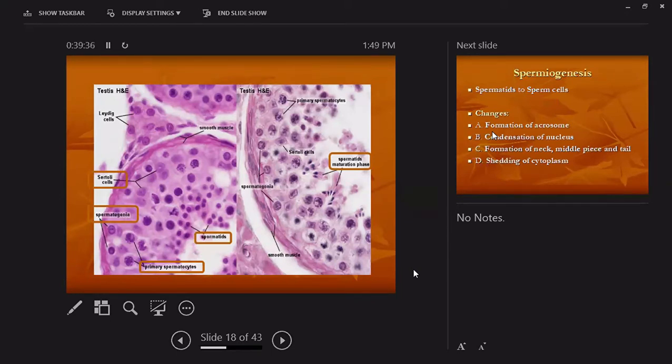Take note that when it is a primary spermatocyte, coming from the spermatogonia, it would be bigger, but the nucleus is not as solid. Those are the things that you would have to remember when the description is given.